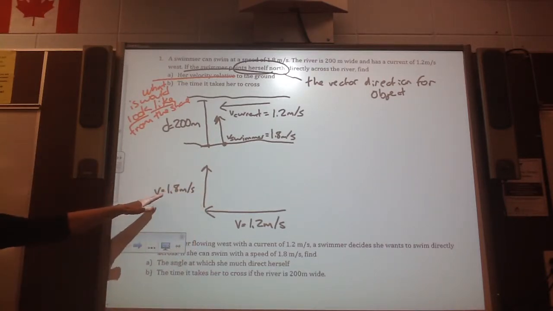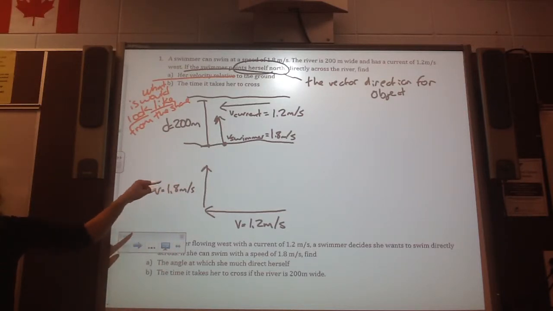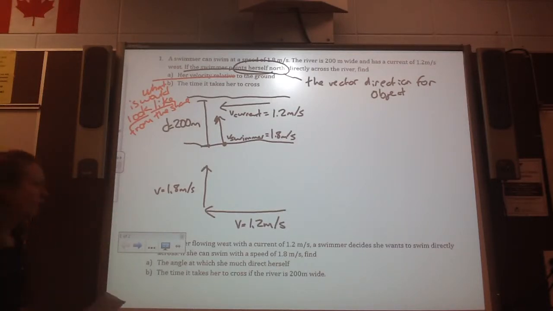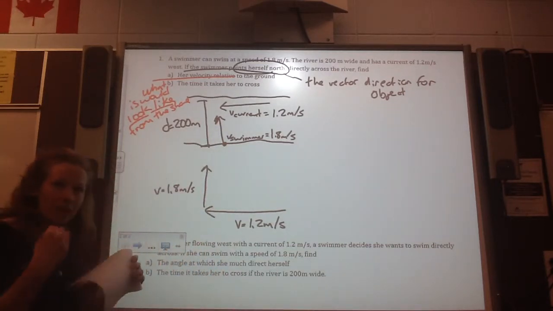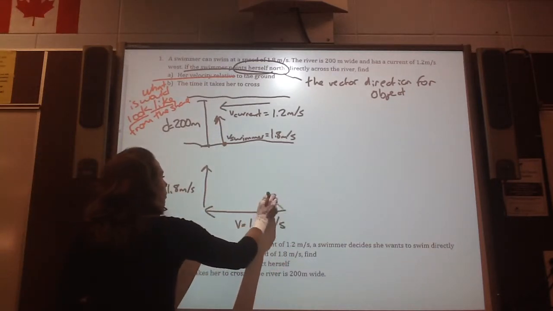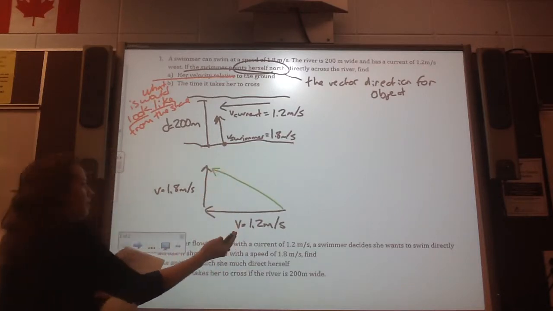Because my swimmer is aiming themselves north, that's why I put that velocity on that vector, because that's the direction that they are meaning to go. The direction that they get pushed, that we see, is this overall northwest vector.